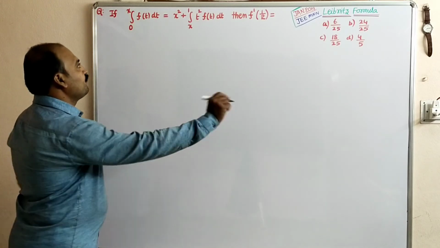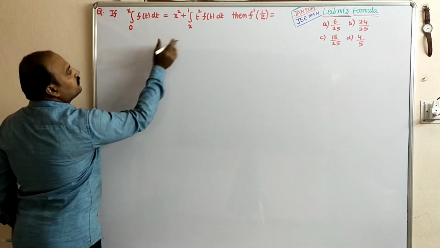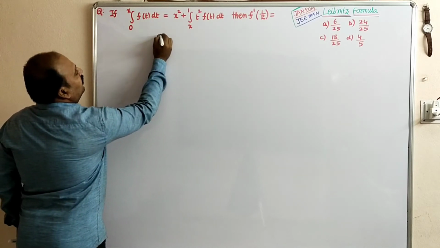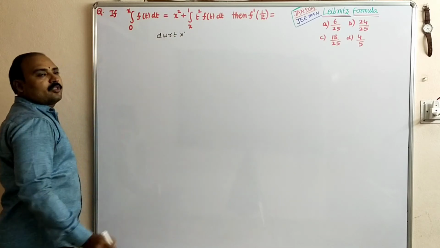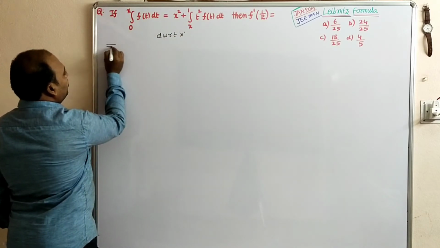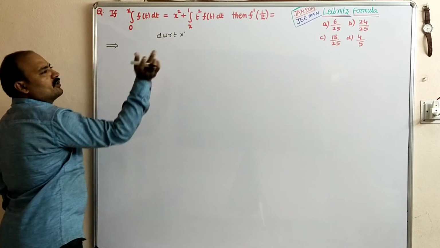So now differentiate with respect to x for the given. By using the Leibniz formula for this term as well as this term, and for this term normal differentiation.